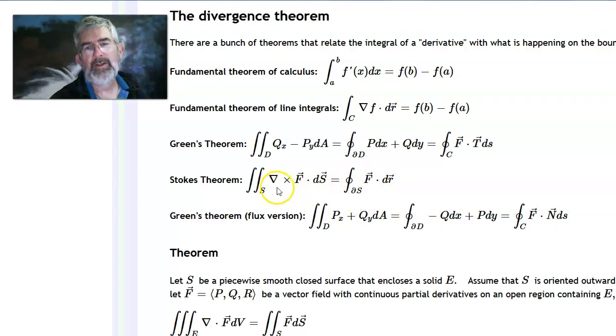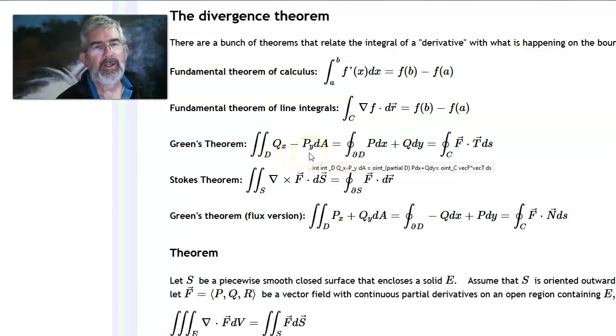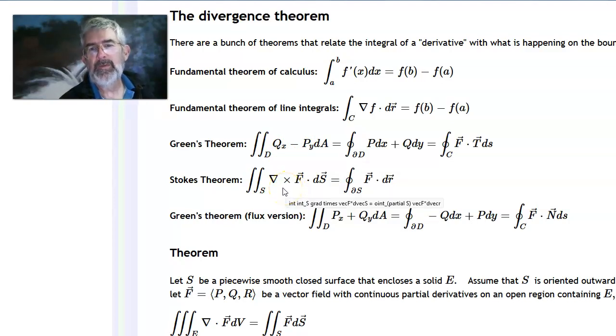Now notice that the curl of F, when you reduce it down to a 2D vector field, just looks like the partial of Q with respect to x minus the partial of P with respect to y, times the vector k. If this turns out to be negative, then it would be minus k, just by default. Q sub x minus P sub y is the two-dimensional analog of the notion of curl here in 3D. Okay. So Stokes's theorem is very much like Green's theorem.